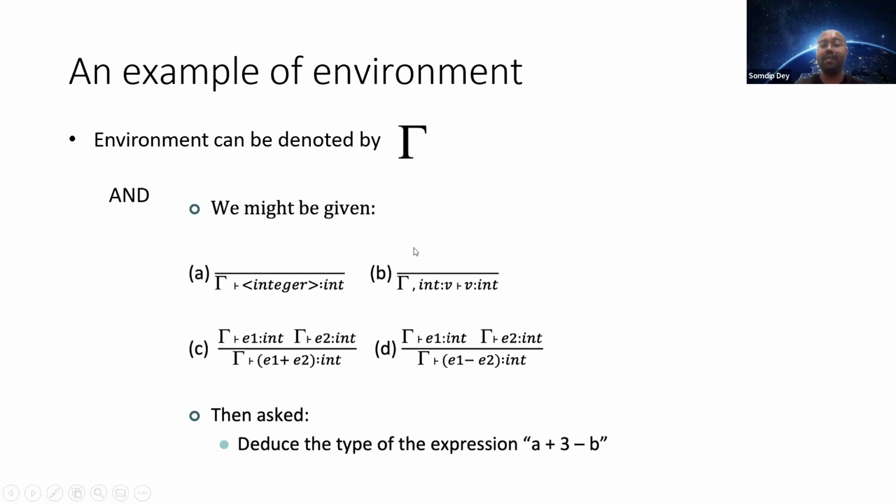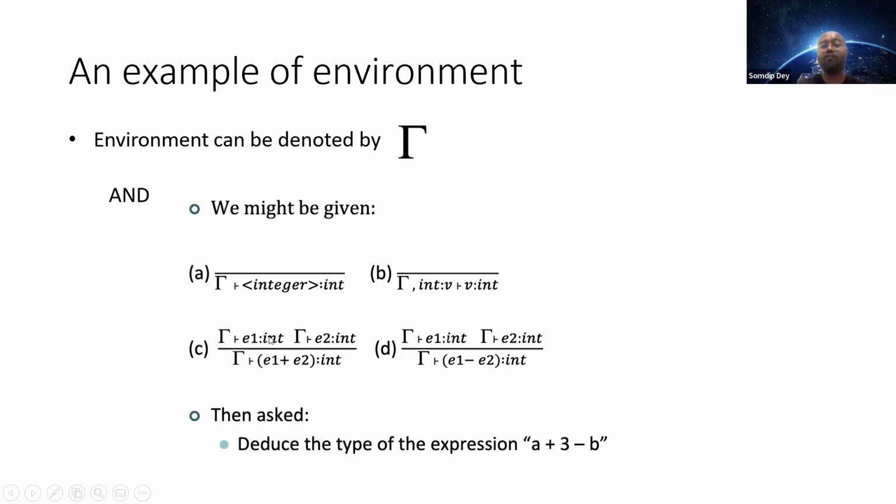So you might be given the gamma symbol with types such as this. These are the type rules, such that the environment can have an integer, and the environment can also have int v, which is a variable that is of type integer itself.